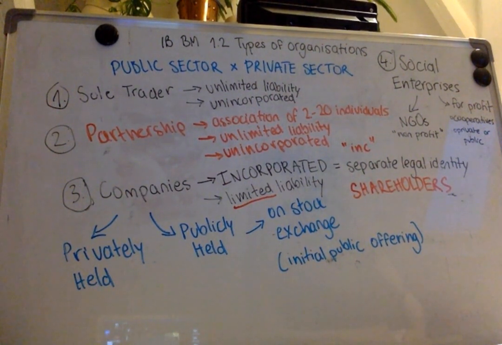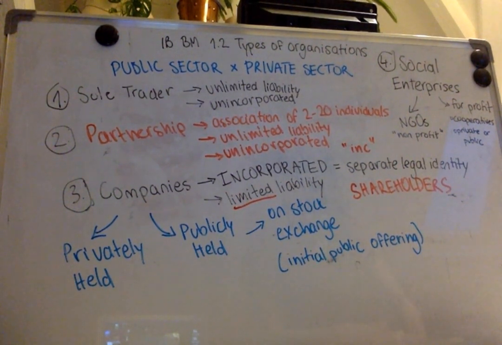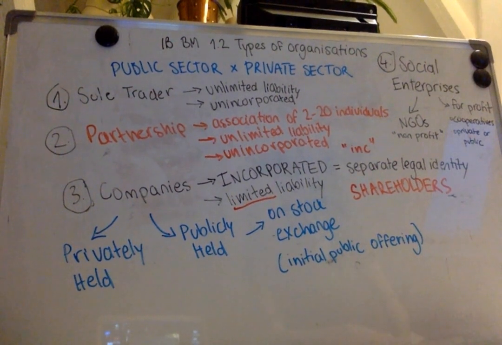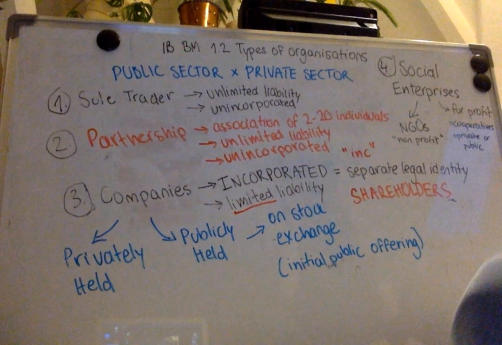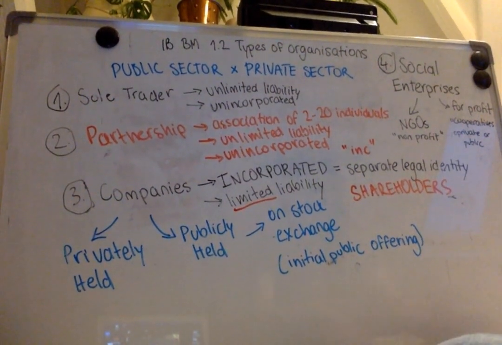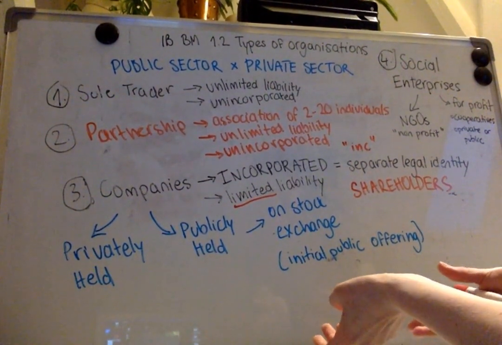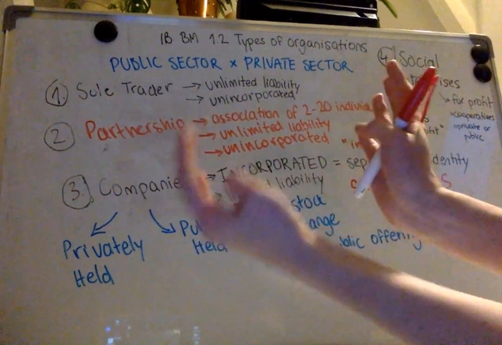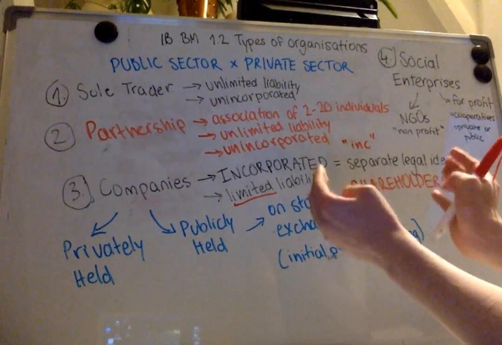For example, if you think of Facebook, Facebook has a separate legal identity from its owners. So if you think of, I don't know who owns it, whoever owns it, I'm going to say Elon Musk, Elon Musk is a separate legal thing from Facebook.